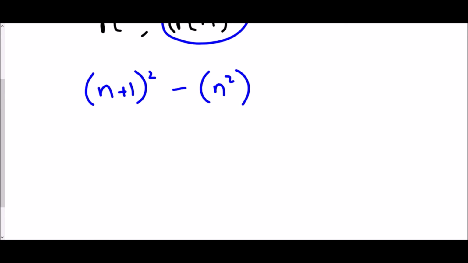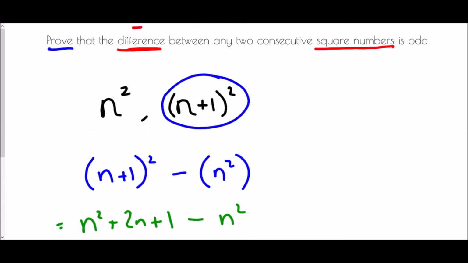So n plus 1 squared, well, that's going to give me n squared plus 2n plus 1, and we're going to take away n squared. Well, if I do that, n squared take away n squared is 0, and so it leaves just 2n plus 1, and we were asked to prove that it will always be odd.